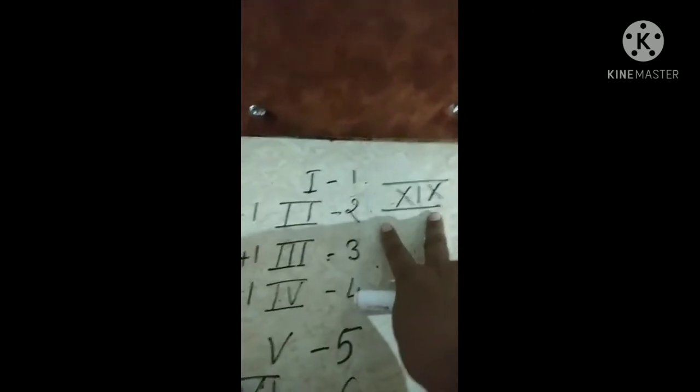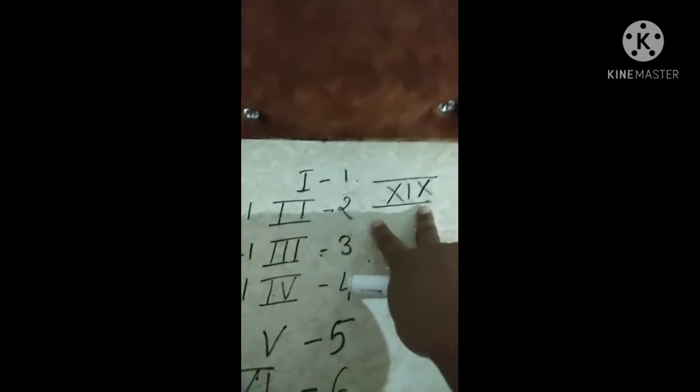Now when a smaller numeral, suppose I write XIX. So in this one, a smaller numeral is placed between the two greater Roman numerals.